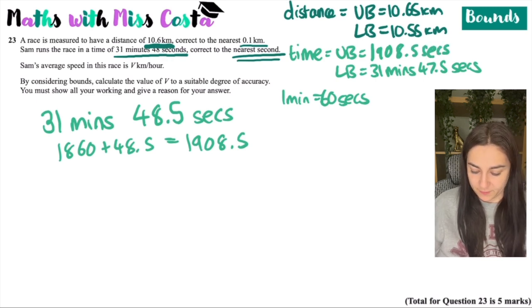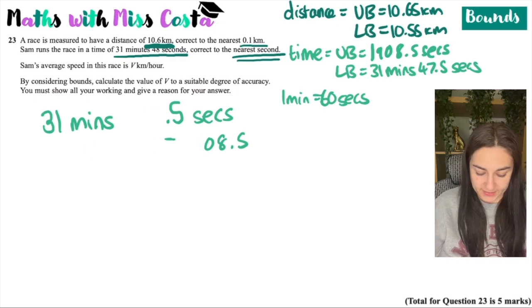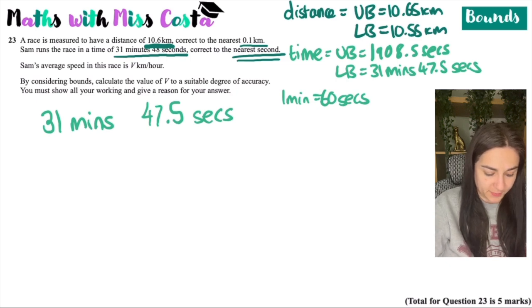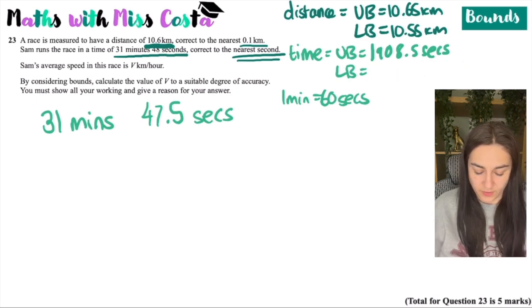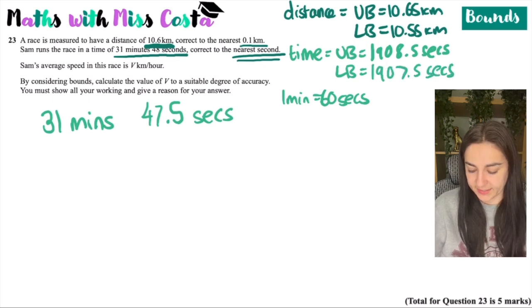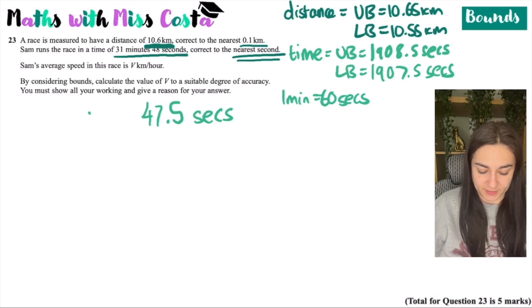And let's do the same for my lower bound, which is 47.5 seconds. So 31 times 60 plus 47.5 gives me 1,907.5 seconds.